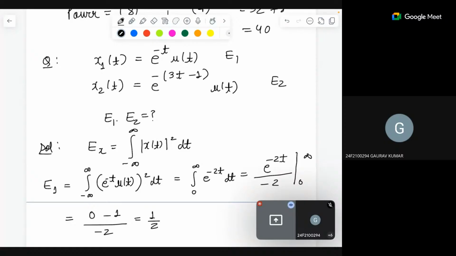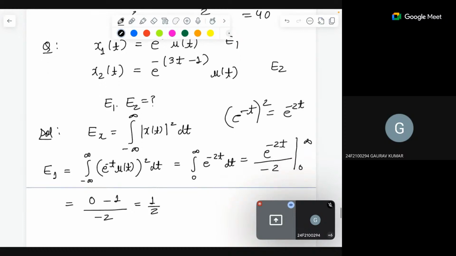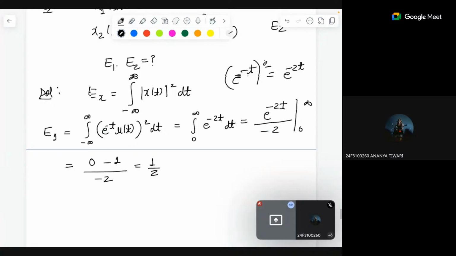E raised to the power of minus t, squared, so the powers multiply, I get e raised to the power of minus 2t. So this is the integral that I have, e raised to the power of minus 2t dt, 0 to infinity. I integrate and I get half. Is this fine?